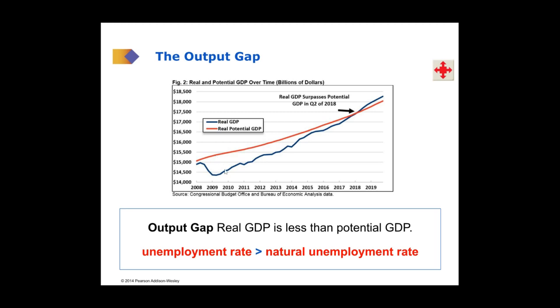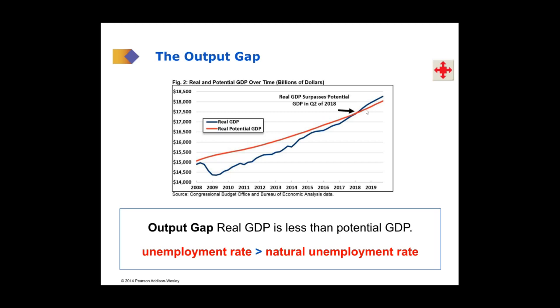That means that the unemployment rate is not equal to full employment, meaning we have some cyclical unemployment in our unemployment numbers. And this is considered lost production or lost output as a result of there being cyclical unemployment, as a result of there being employment that's less than full employment.